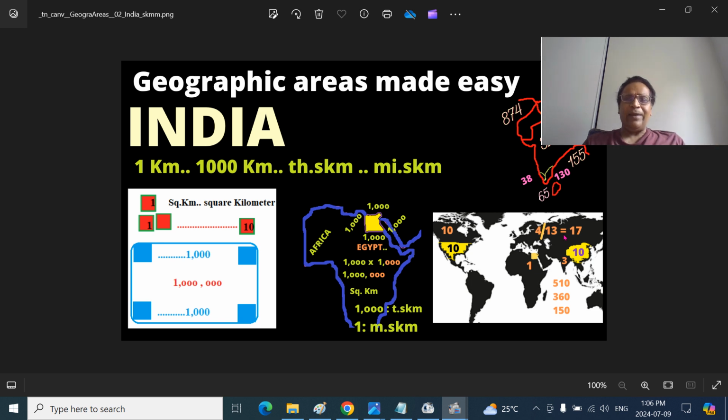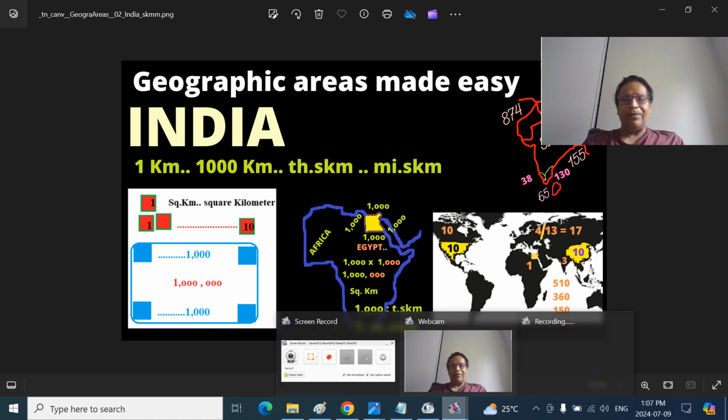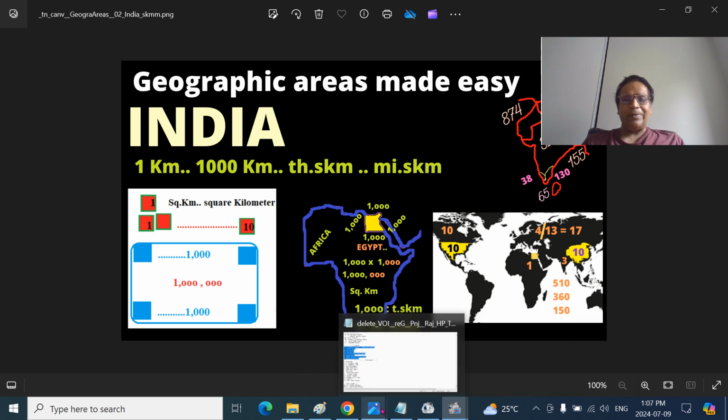India and South Asia is roughly 4.2, which includes Pakistan, Bangladesh, Bharat. 150 is the land area on planet Earth, 360 is the water area together, and all these things you can comprehend. You can look at the GAME series for more clarity.